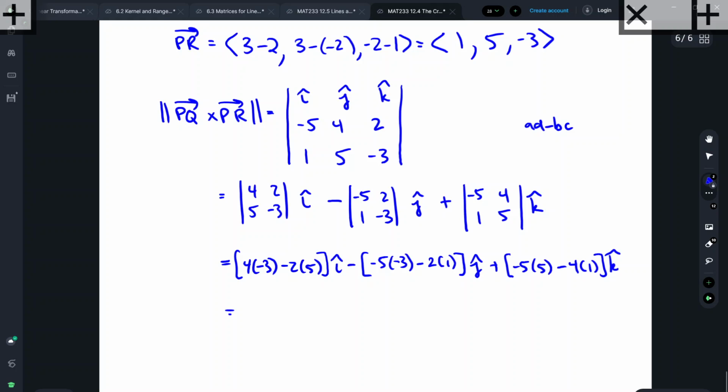Then calculating each of these: -12 minus 10 is -22 i hat. This is 15 minus 2, which is 13, but this minus makes it -13. And then plus -25 minus 4 is -29 k hat.